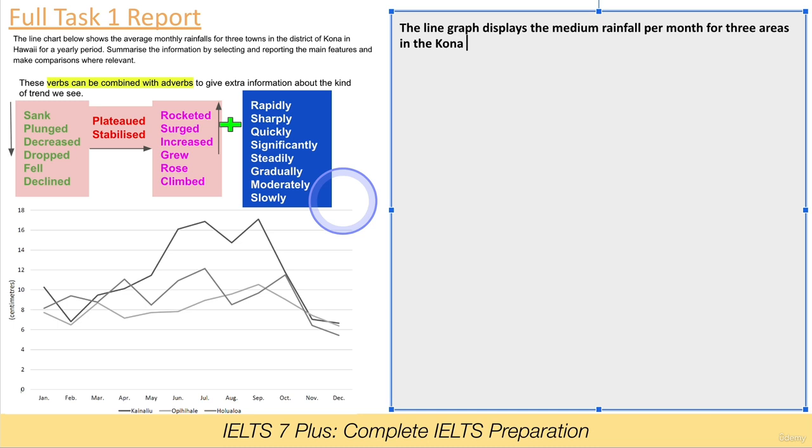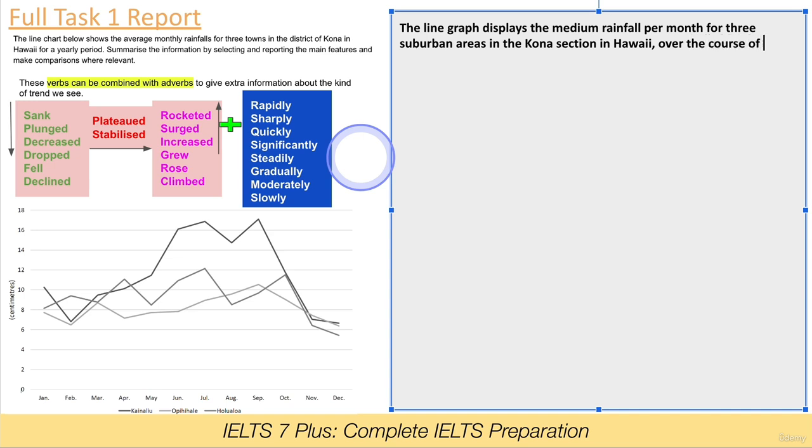We could use suburb, maybe of the 3 smaller, maybe smaller villages, towns, 3 suburban areas in the Kona section in Hawaii over the course of a year.